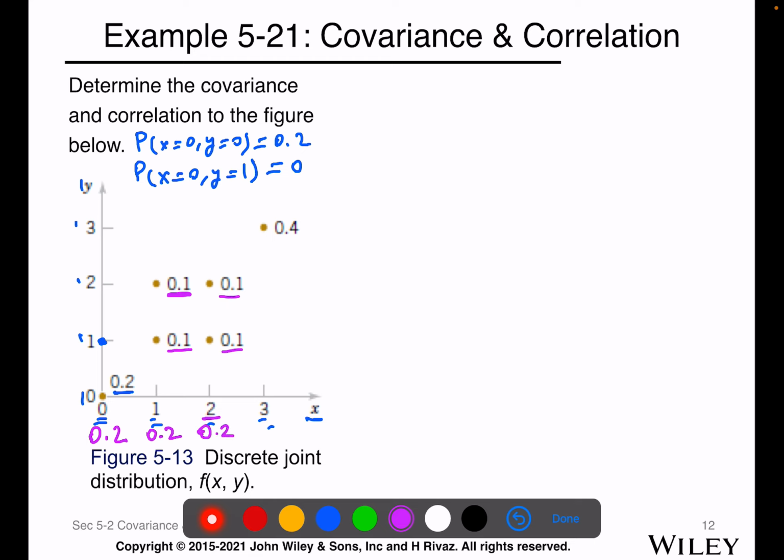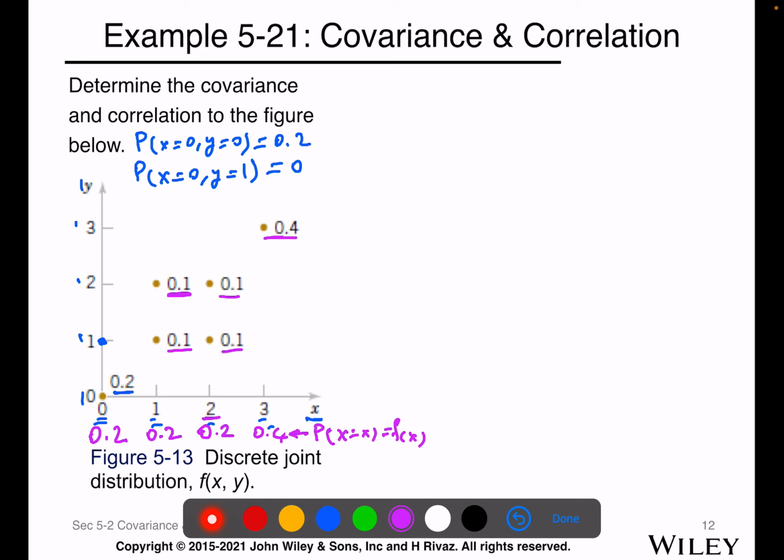And probability of x equal to 3 is going to be only this guy, so 0.4. So what I wrote here is P of x, or f of x, right?